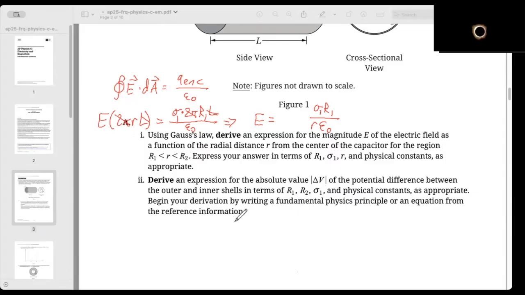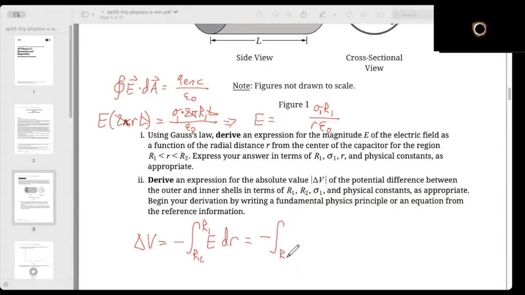Derive an expression for the absolute value of potential difference. That's also easy because you can say that the potential difference is negative integral of the electric field from R2 to R1. We're doing R2 to R1 because you're going from lower potential to higher potential. This will actually make my potential difference positive of the electric field with respect to r then.